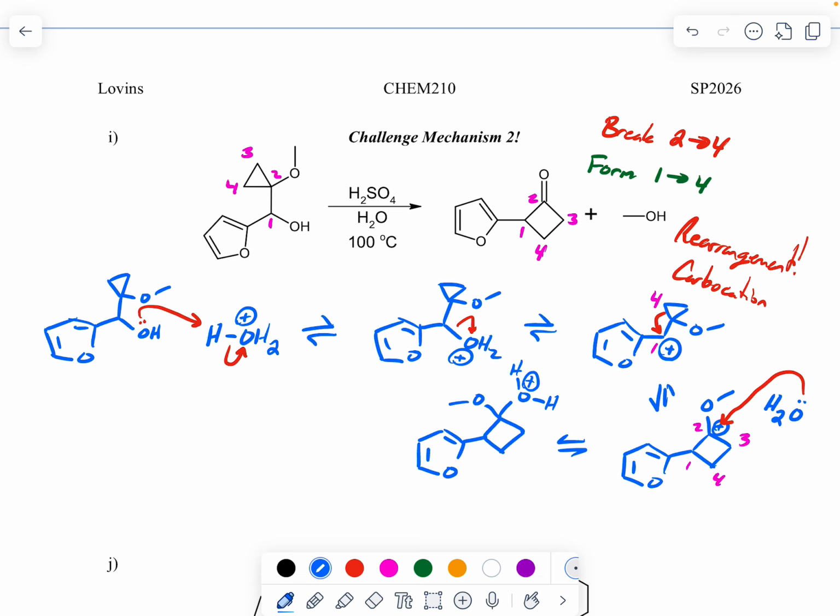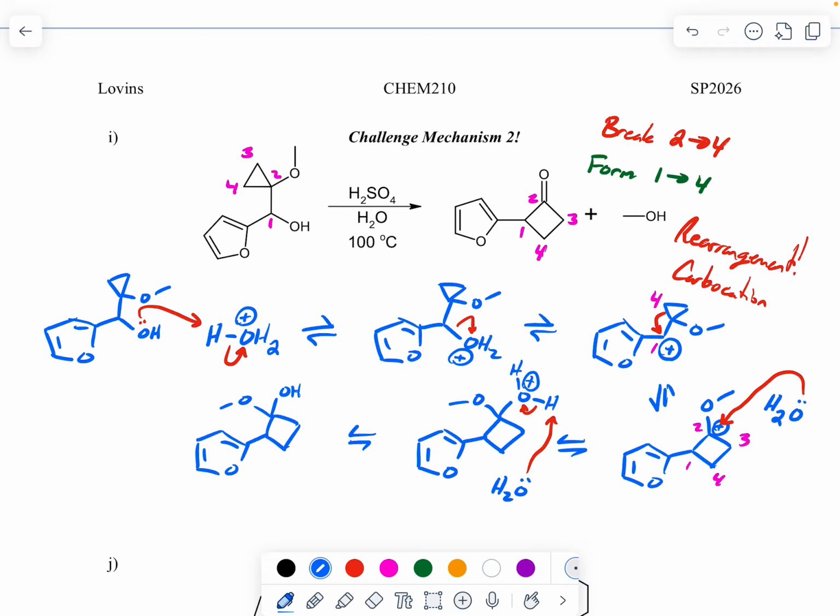Now, the next thing that we need to do is we need to deprotonate the alcohol oxygen using some water in order to take away that positive charge. So now we have an alcohol and an ether on the same carbon.